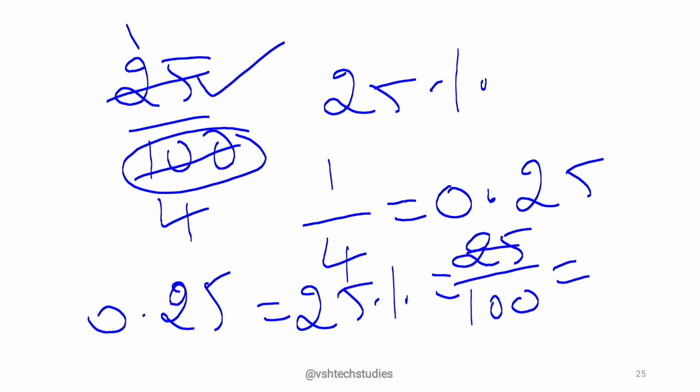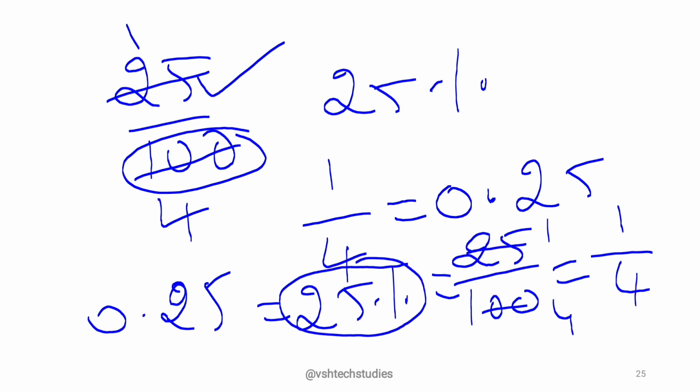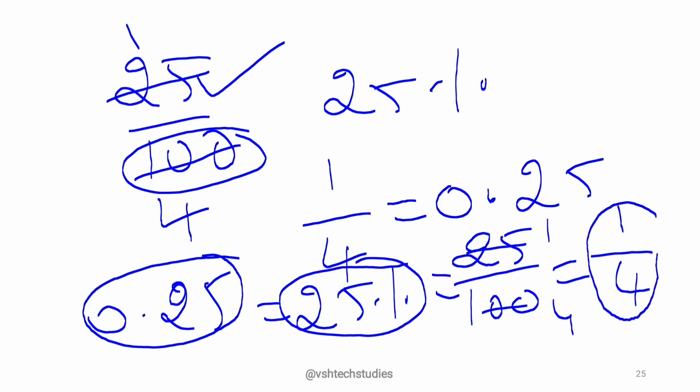If cancelled here, 25 ones are 25, 25 fours are 100, which is also equal to 1 by 4. So 25% can also be written as 0.25, this is the decimal form, as 1 by 4, this is the fractional form, and as 25 by 100, that is how many parts in 100.